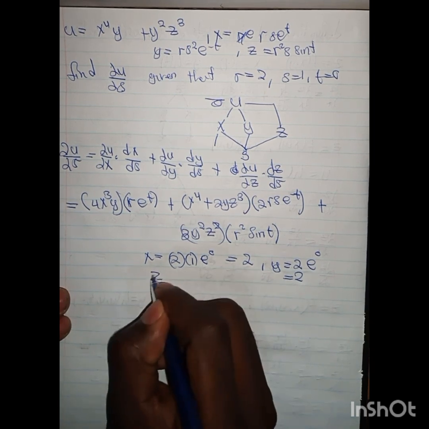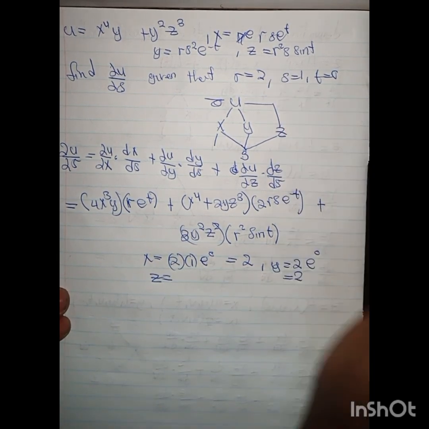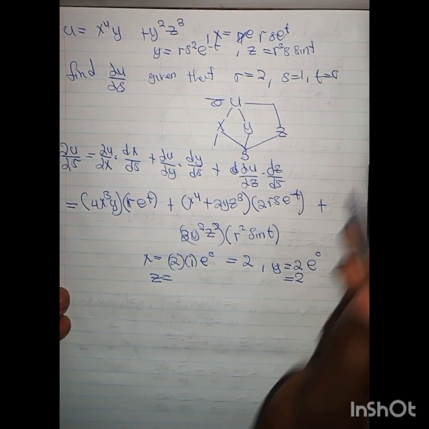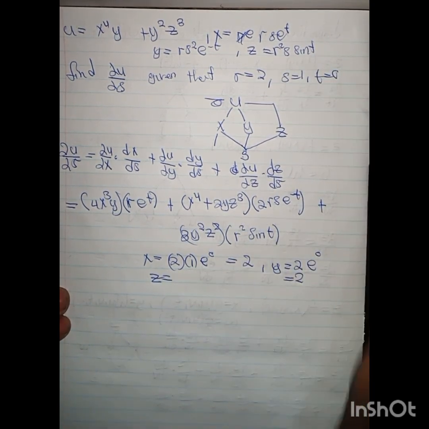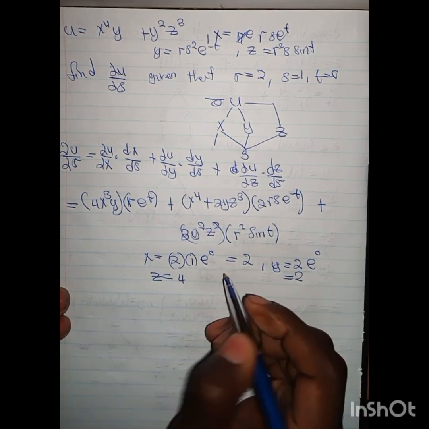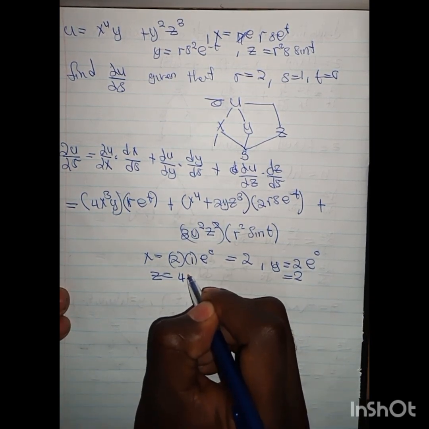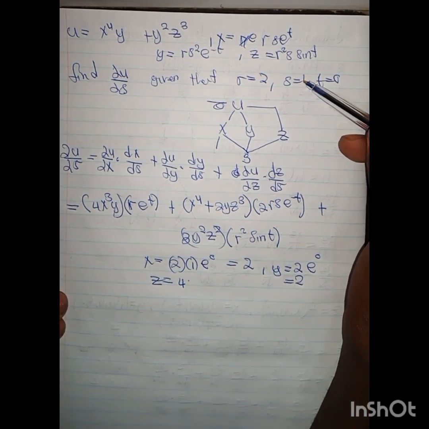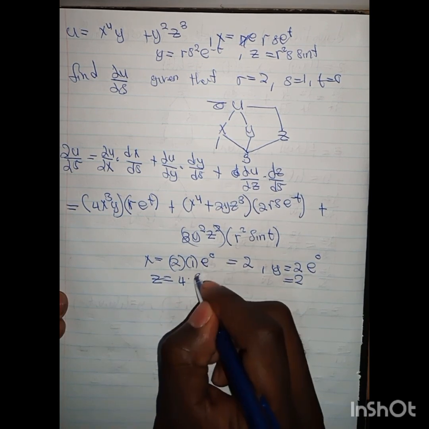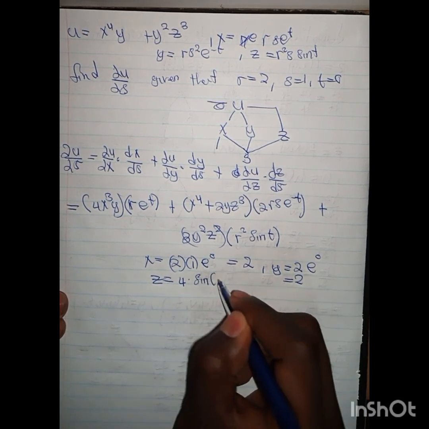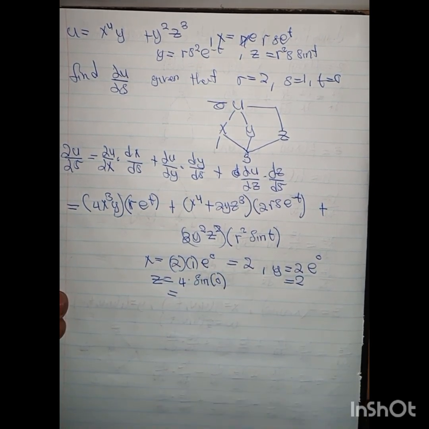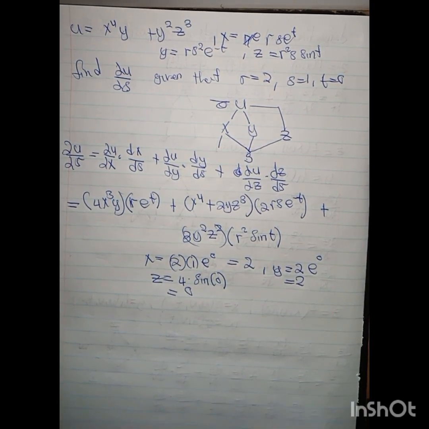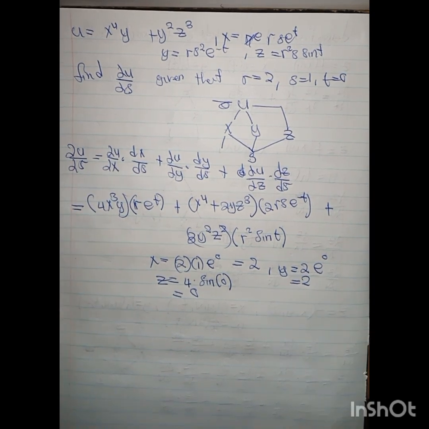And then z can be found from this equation, the subfunction. It is r squared, and then r is given by 2, therefore 2 squared is a 4, and then we multiply by s is 1, and then sine t. However, t is a 0, and therefore sine t is also a 0. It means then now z is a 0.